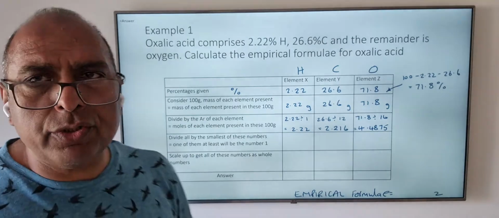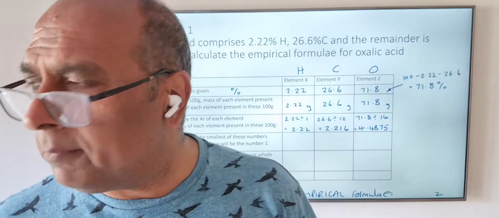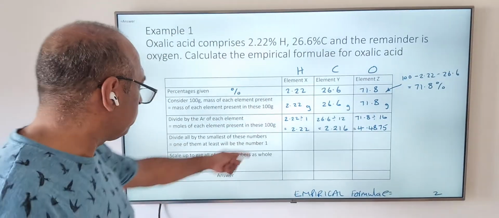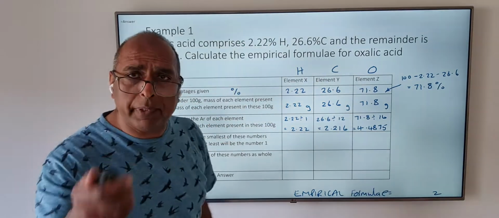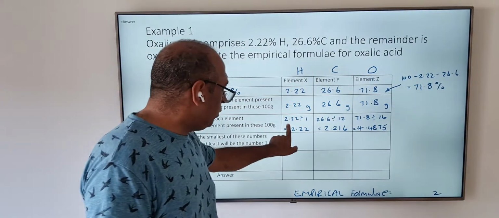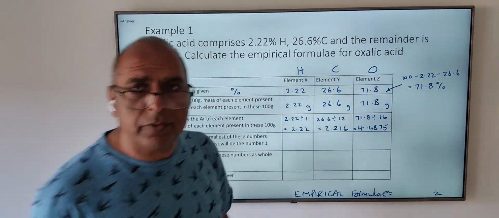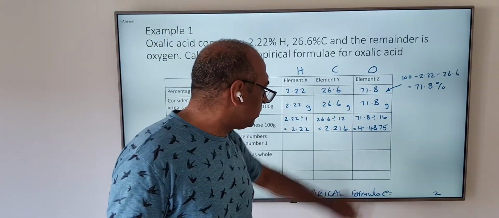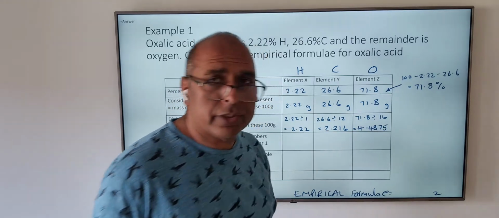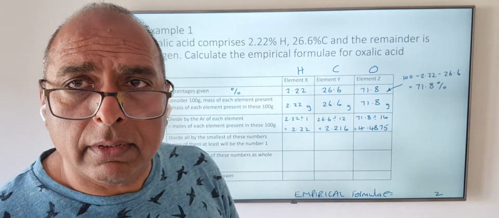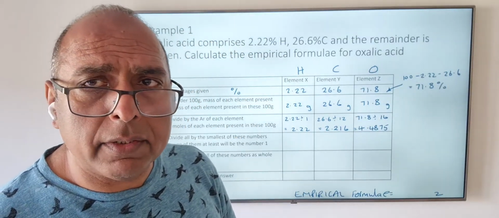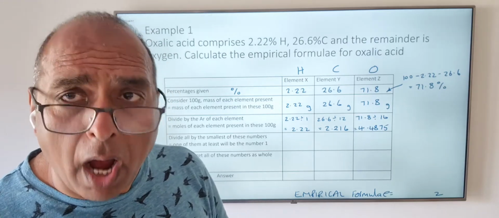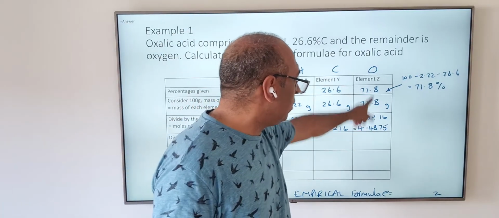And then, how do you turn them into moles? Well, you divide by the atomic masses. Look, atomic mass of hydrogen on a periodic table, the number 1. 2.22 divided by 1, 2.22 is the answer in terms of moles. Carbon, 26.6 divided by 12, 2.216. That is moles of carbon. Same with oxygen.